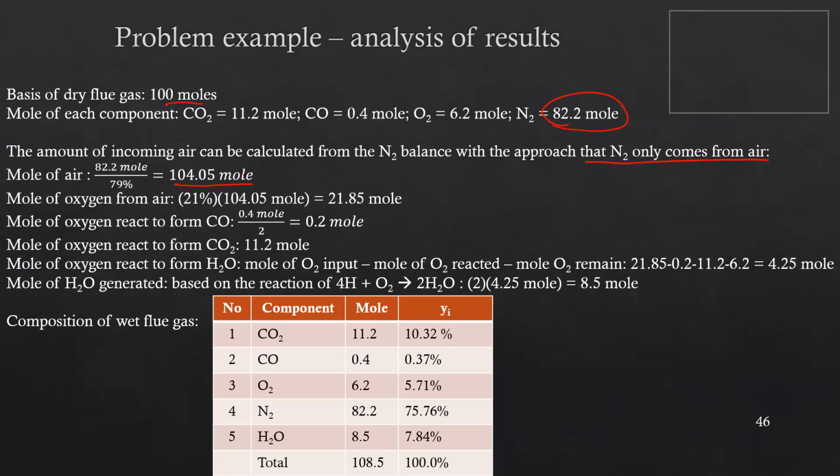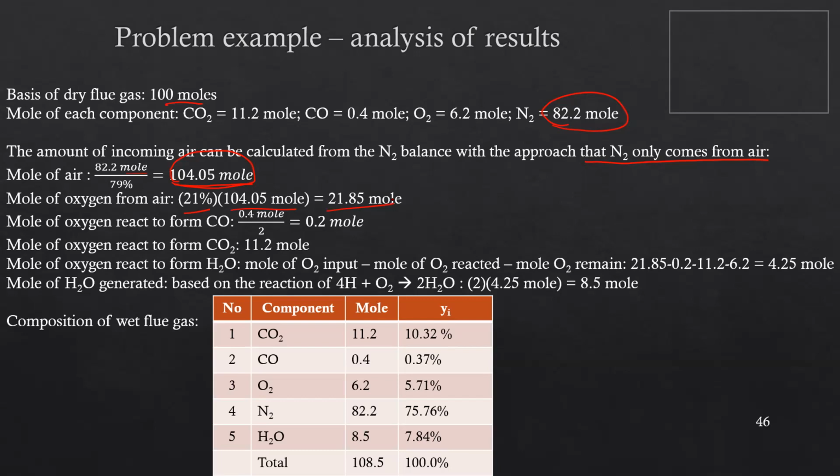After that, we calculate the moles of oxygen from air, just multiplying 21% by the moles of air, 104.05 moles. So we have 21.85 moles.